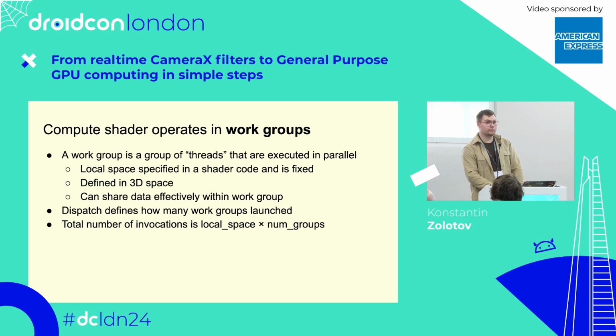From the Kotlin code, when you launch a shader, it is called a dispatch. In that dispatch, you can specify how many groups you want to launch. And this is dynamic, which gives you flexibility. So the total number of shader invocations will be the local space multiplied by how many groups you are launching.